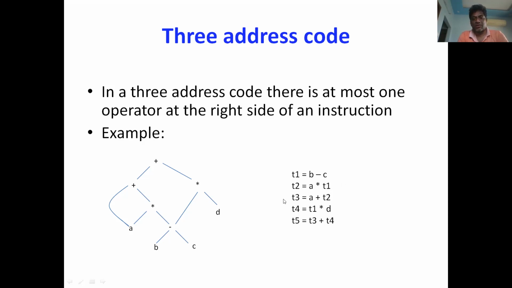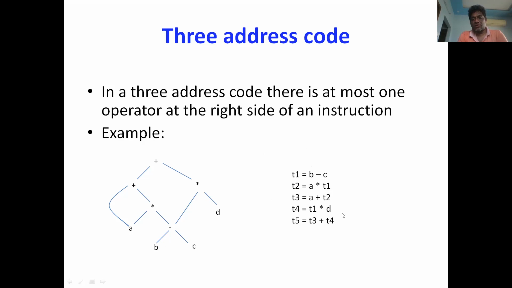Three address codes can be used to represent the sequence of operations represented by a directed acyclic graph. As you can see, a directed acyclic graph is an abstract way of representing the expressions, whereas these three address codes are nearer to the code generation phase.